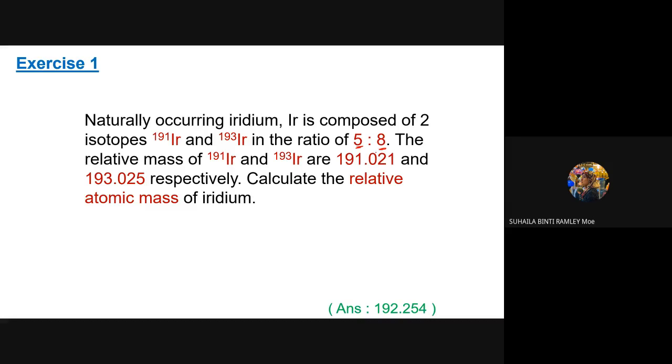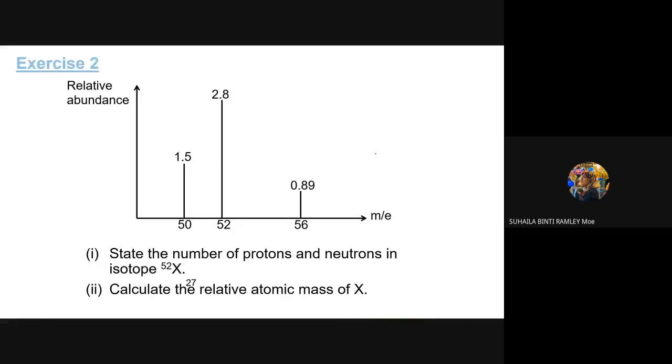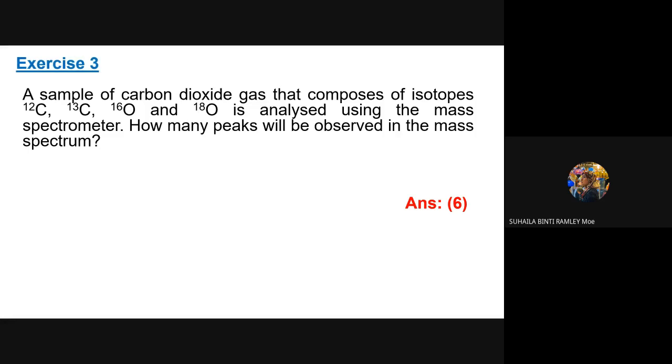This is okay, right? Simple. Given a mass spectrometer, this one is for X. Isotope X has 3 isotopes: 50, 52, 56, with relative abundance given. State the number of protons and neutrons in isotope 52, 27. Calculate the relative atomic mass. This one is simple, right? This one is also simple.